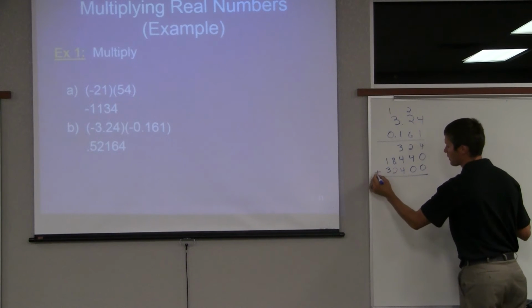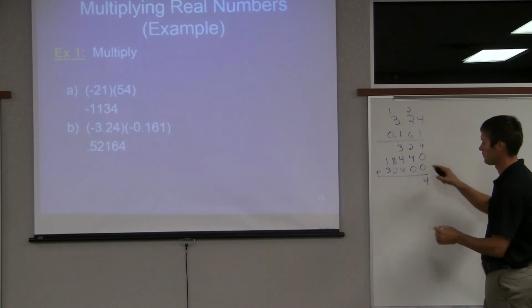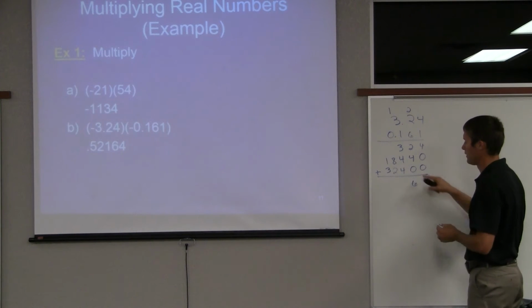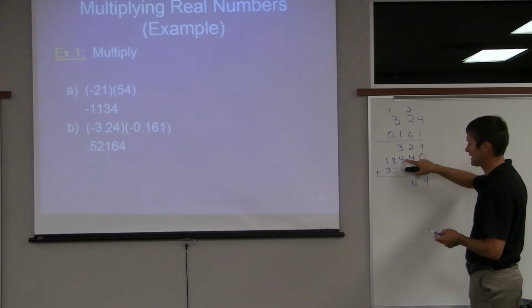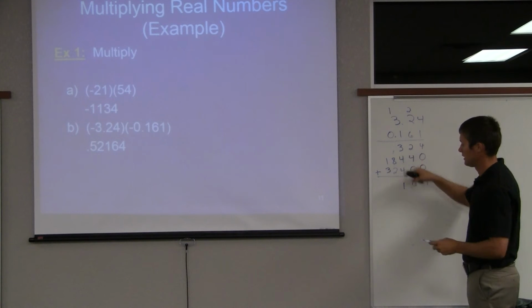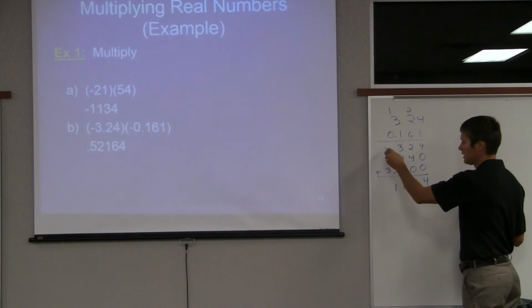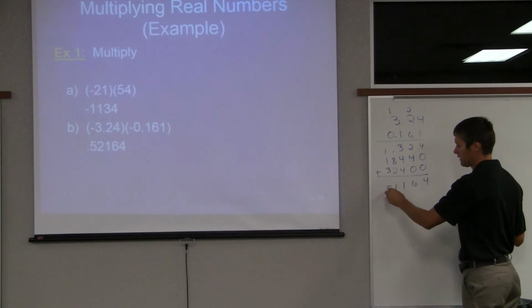Now we add up all the columns. 4 plus 0 is 4. 2 plus 4 is 6. 3 plus 4 is 7. Plus 4 more is 11. Carry the 1. We get 11. 2 plus 8 is 10, plus 1 more is 11. Carry it. 1 plus 1 is 2, plus 3 is 5.